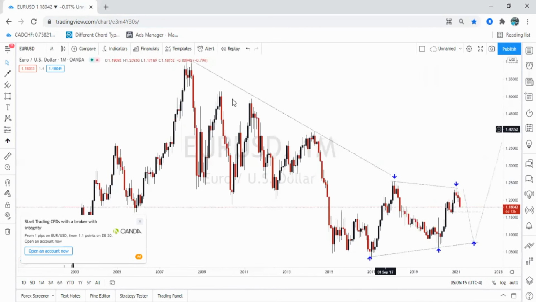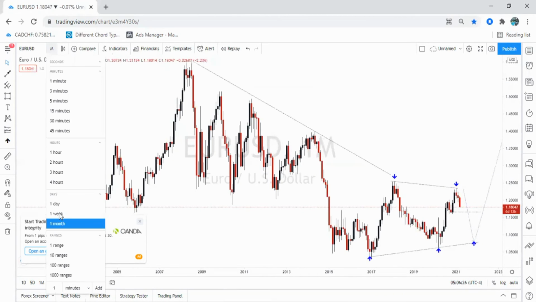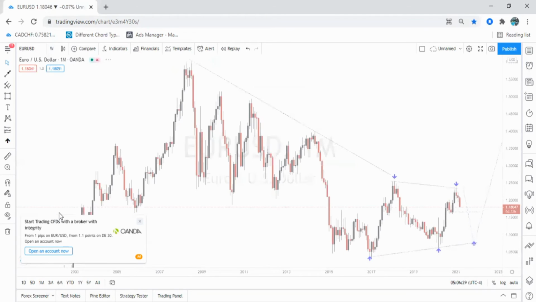So this is your first setup. This is your impulse, correction, impulse. And let's assume that this is a correction, right? So in a correction phase of a long-term downtrend, this is our bias on the higher time frame. So now we have to look for opportunities on the lower time frame.